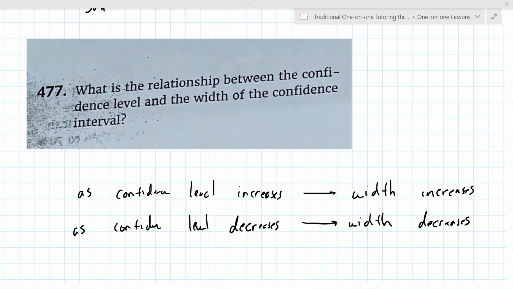Where should we go from here? Could we do 478 and 479? Yes. All right, let's grab 478.